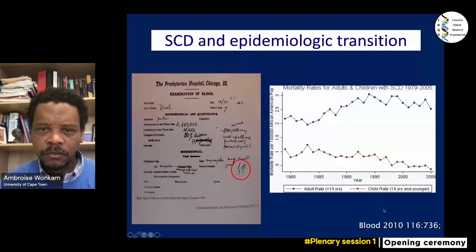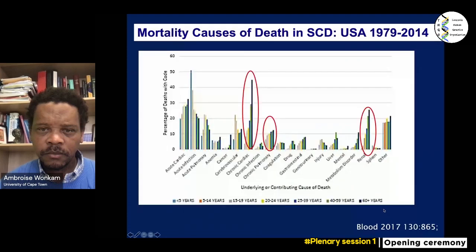And that means that in many parts of the world, both Africa and all the other nations that have more resources, we have a problem of solving both children mortality and adult mortality. Adult mortality in America, for example, will be due to chronic cardiovascular complications, as shown on this picture.